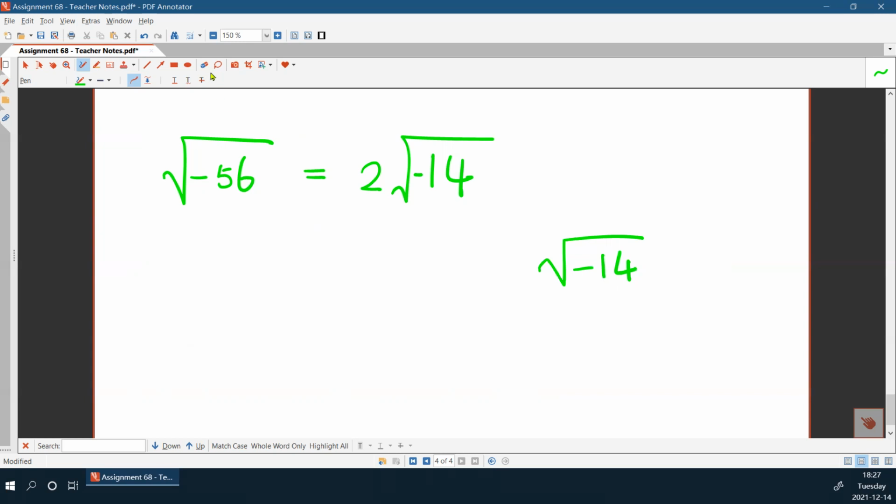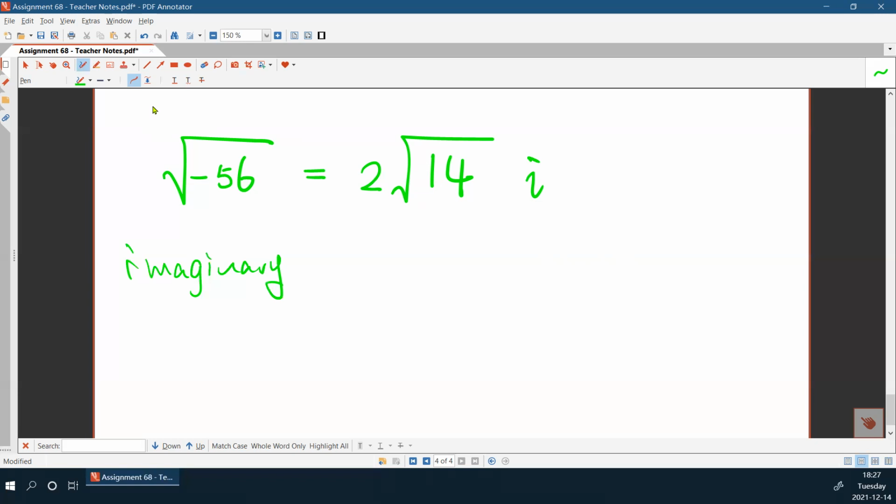So how about instead of putting a negative sign here, we put an i. So that means square root of negative 56 is an imaginary number, which equals twice of square root of 14 times i, right?